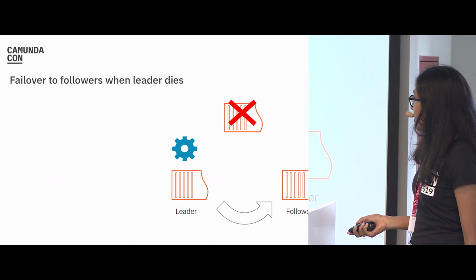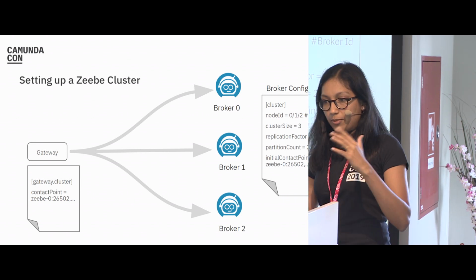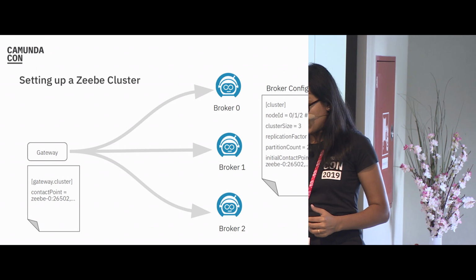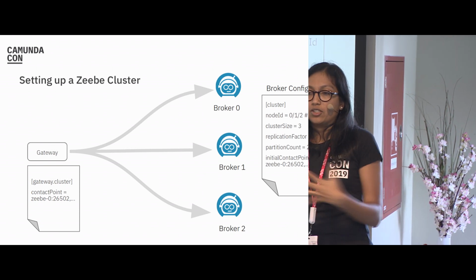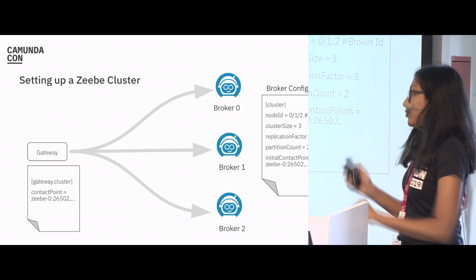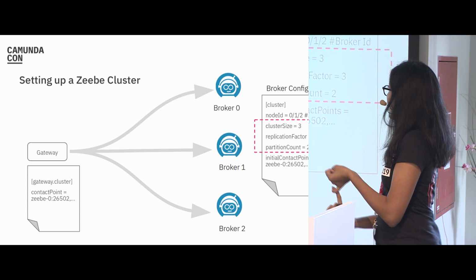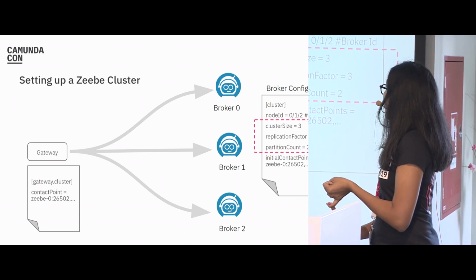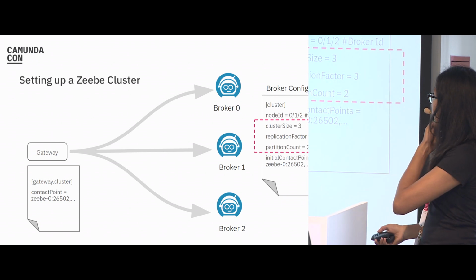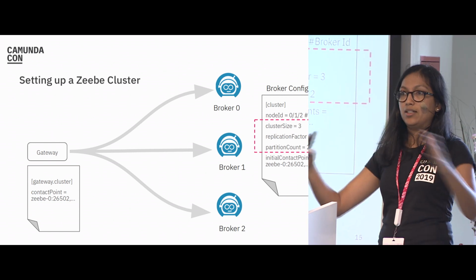Okay. So now we have learned a little bit about the components of a Zeebe cluster. If you want to set up a Zeebe cluster, the main 3 things you have to think about are these 3 factors. One is the cluster size, which means the number of brokers in the cluster, and the partition count, the number of partitions in the cluster.